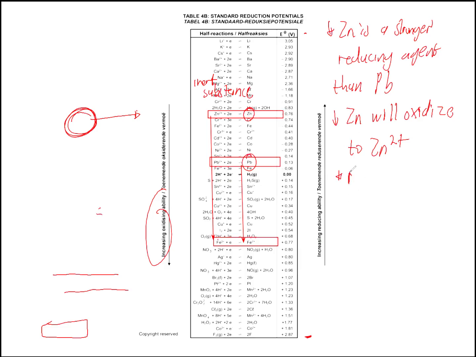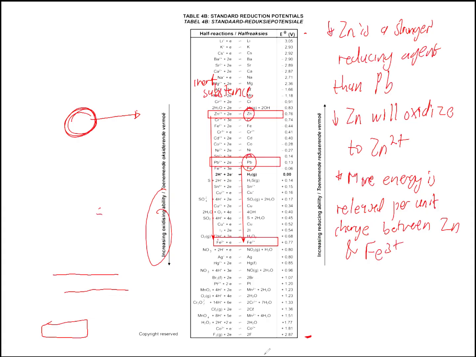Meaning, more energy is released per unit charge between zinc and Fe3 plus, right?